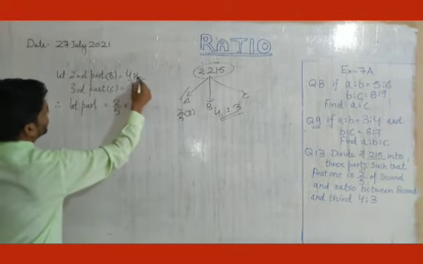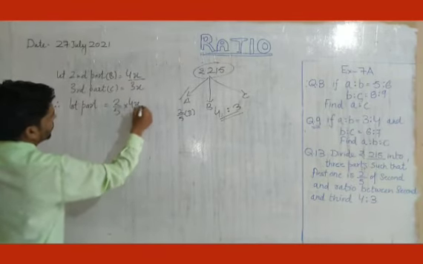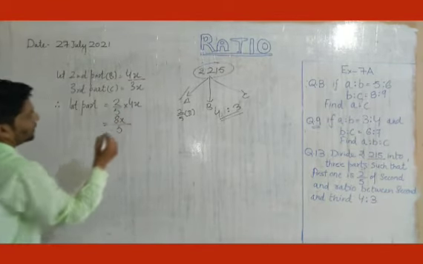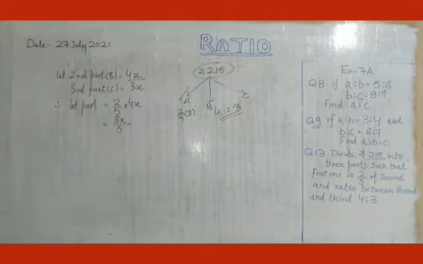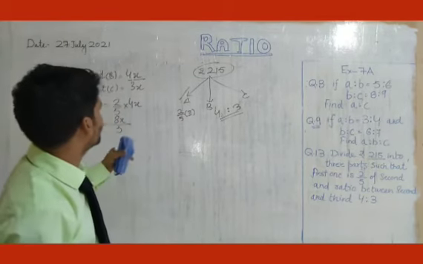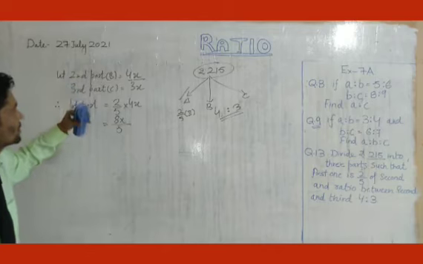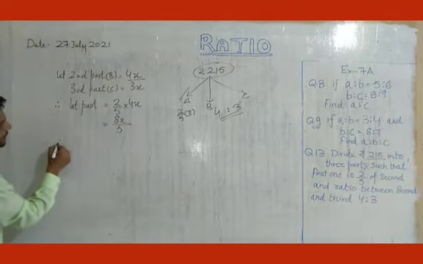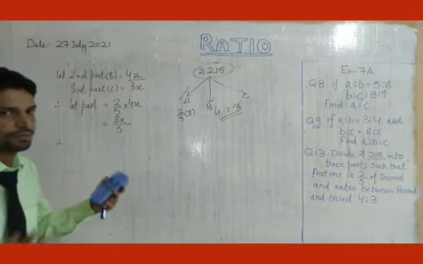The second is 4x, so 2/5 of 4x is 8x by 5. Now we have to calculate the actual first part, second part and third part.